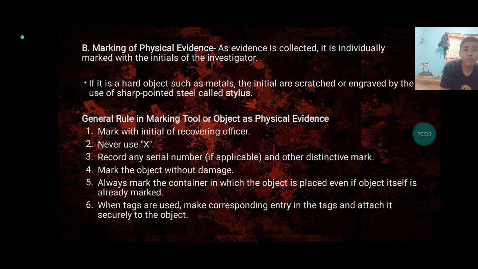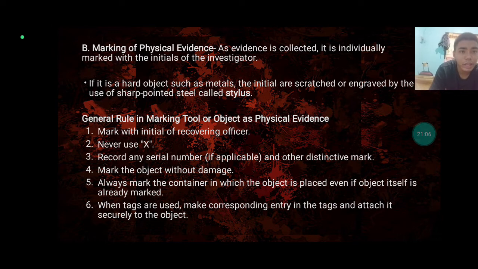The general rule for tools or objects as physical evidence: never mark with the initials of the reviewing officer. Never use X as a marking. Always record any serial number, if applicable, or the distinctive mark of the object, without damage.